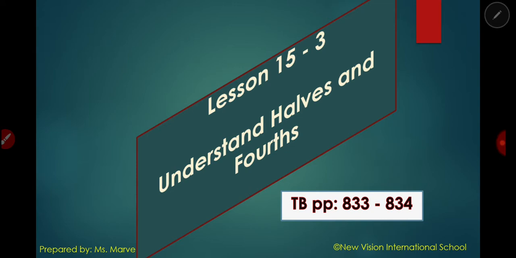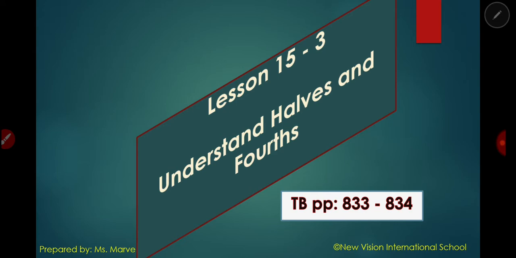Understood? You need to use our vocabulary like halves and fourths or quarter to understand that if a shape is divided into more equal shares, the shares are smaller. And if a shape is divided into fewer equal shares, the shares are larger.